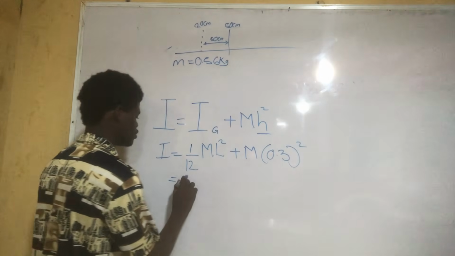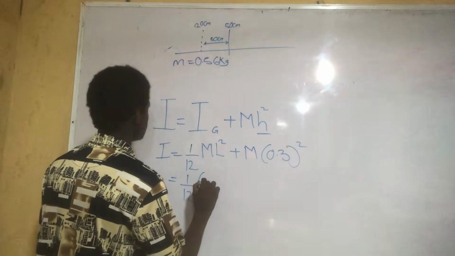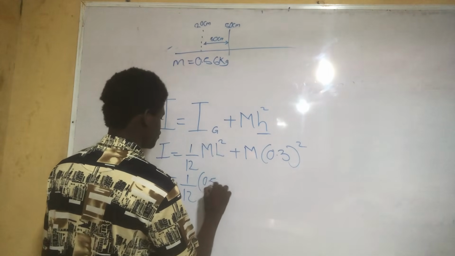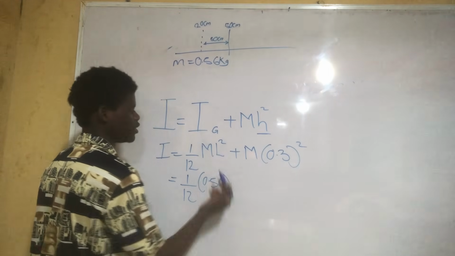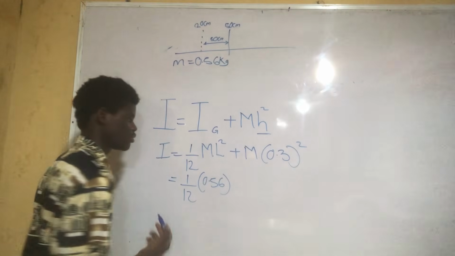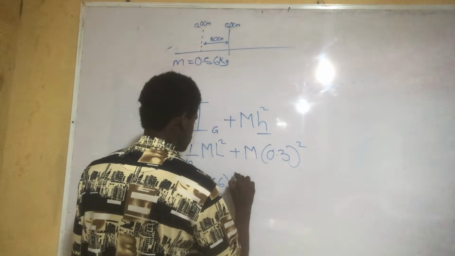Let's fill in our details. That's 1 over 12, mass is 0.56, and the length of the meter stick is 100 centimeter, which is 1 meter, so 1 squared.